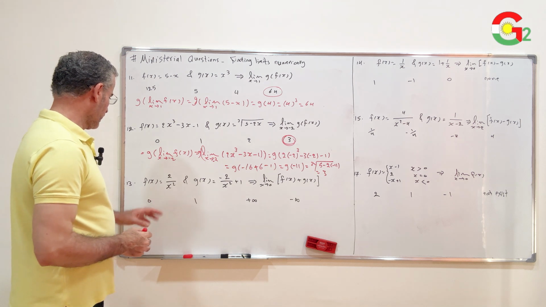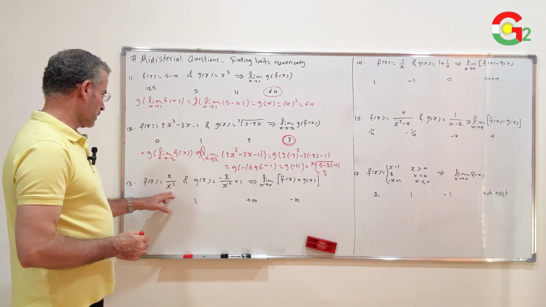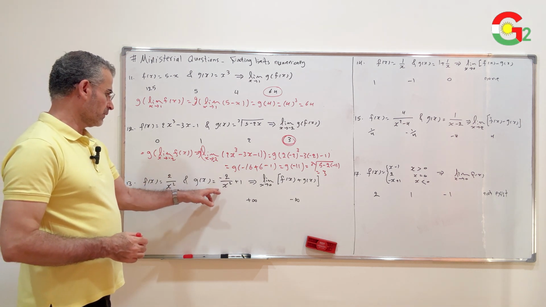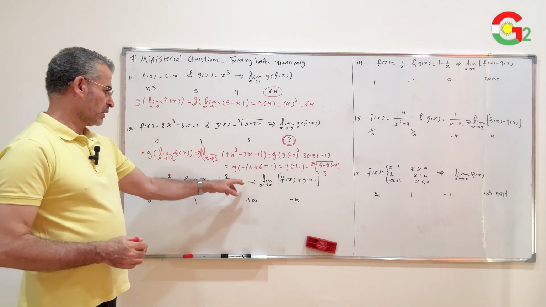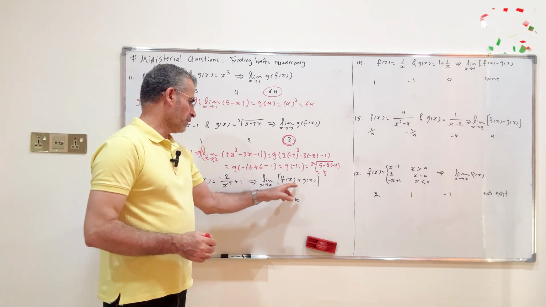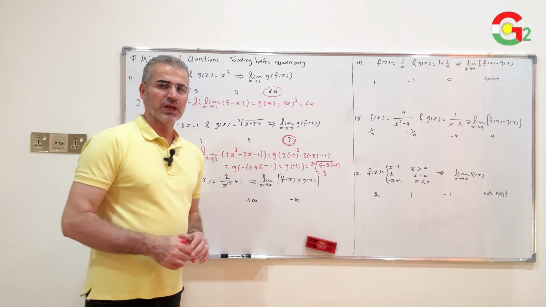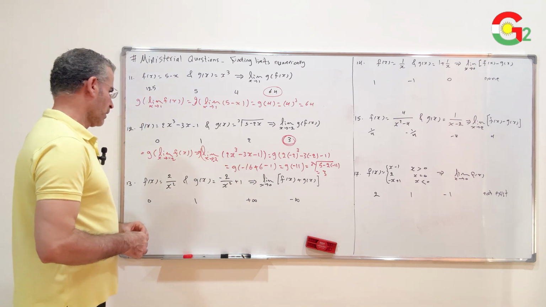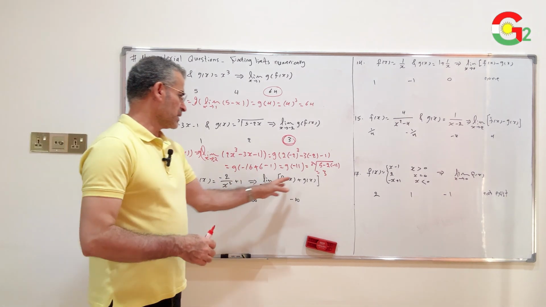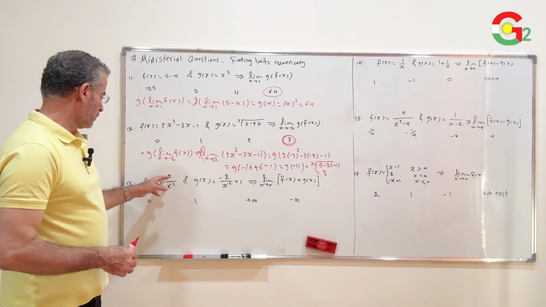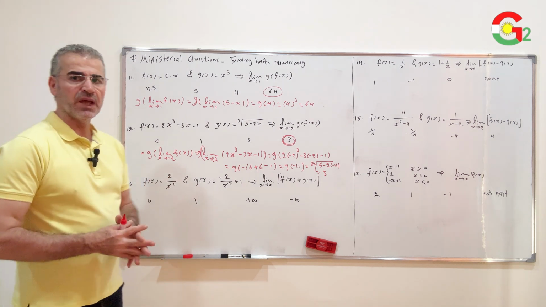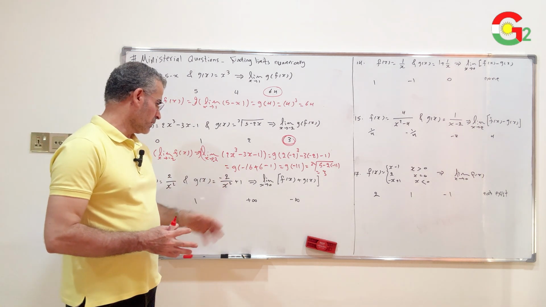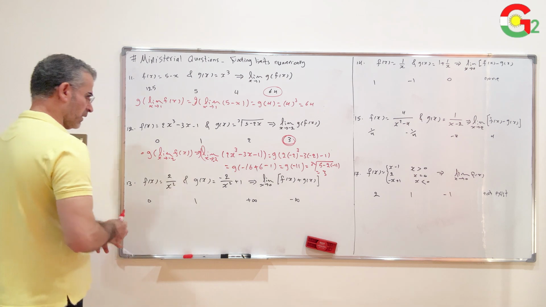Question number 13. f of x equals 2 over x squared, g of x equals negative 2 over x squared plus 1. Find the limit of f of x plus g of x when x approaches 0. If you find the limit separately, you see 2 over 0, which is undefined, and negative 2 over 0 squared is also undefined.